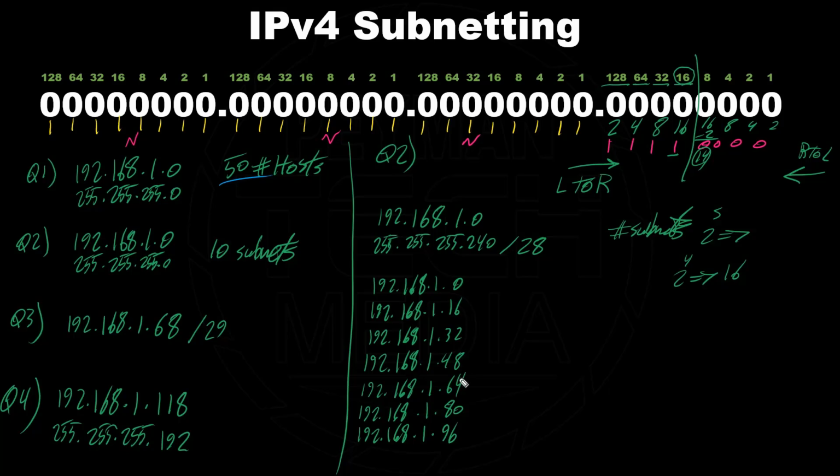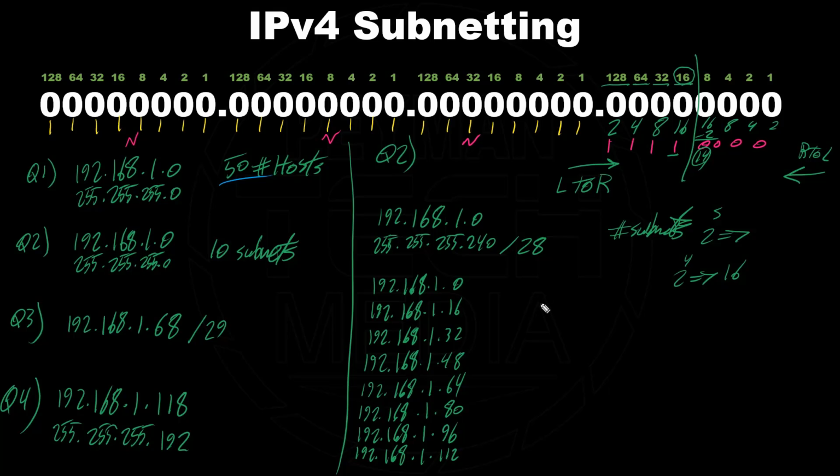1, 2, 3, 4, 5, 6, 7. They said 10. So we have to continue incrementing by 16. So the next subnet would be 192.168.1.96 plus 16, 112. Next one I'm going to write down here.